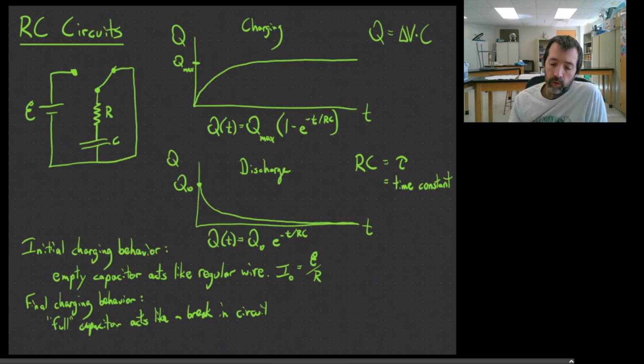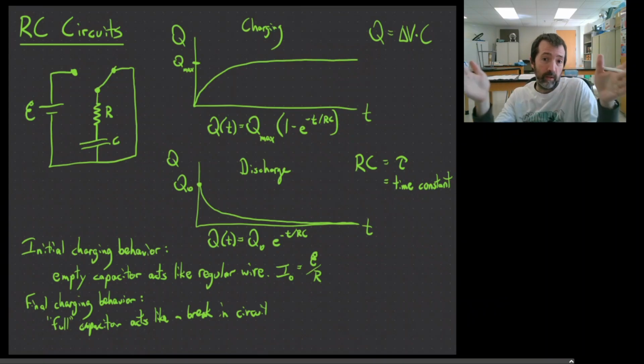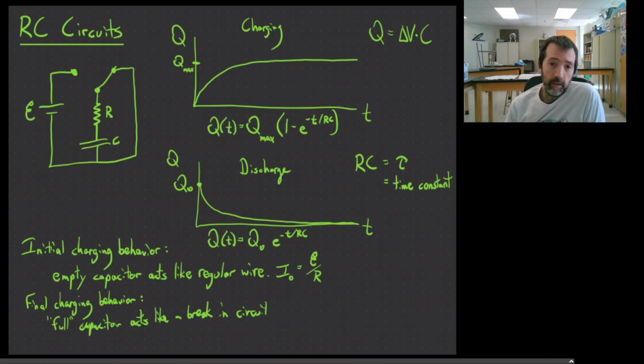So the larger R times C is, the more time it takes to reach an exponent of negative 1, and therefore the more stretched out horizontally the graph gets. A larger time constant means the process is slow. A short time constant means the process is fast.